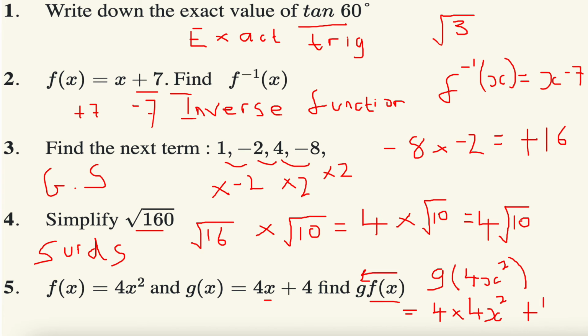Now I can simplify this, because 4 lots of 4x squared is 16x squared, and then plus the 4. So I start with the function f and then I apply g to it. I'm always working from right to left.